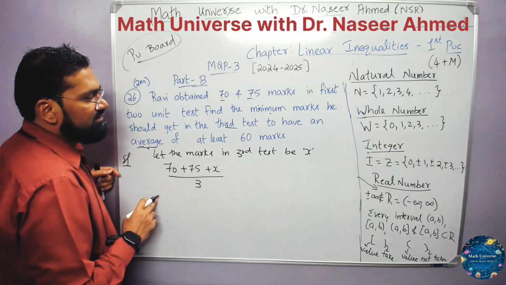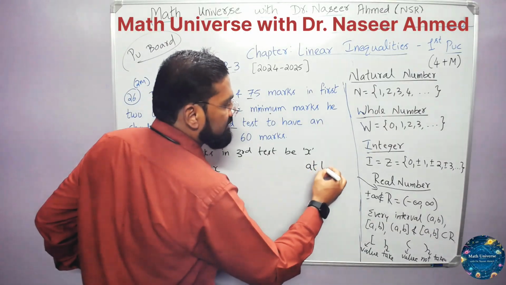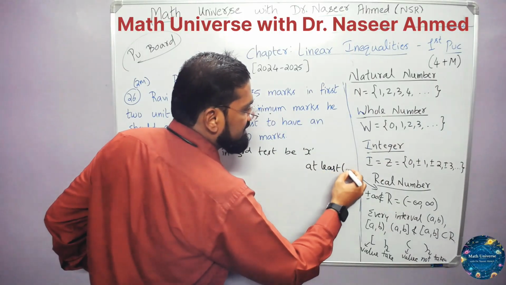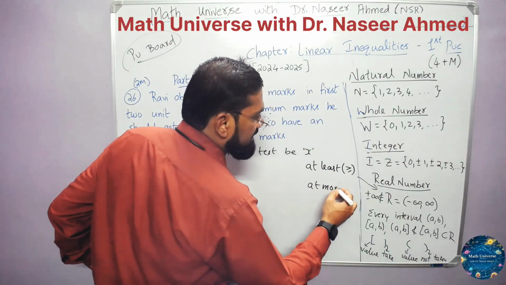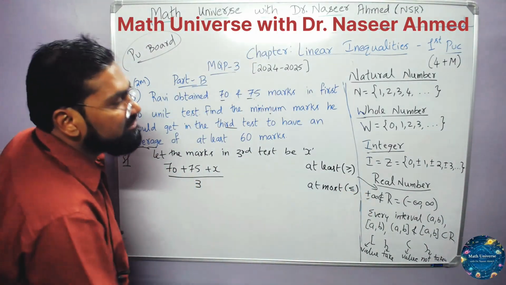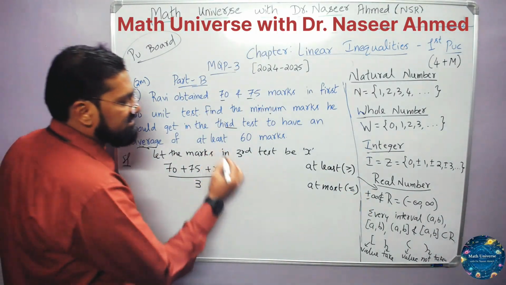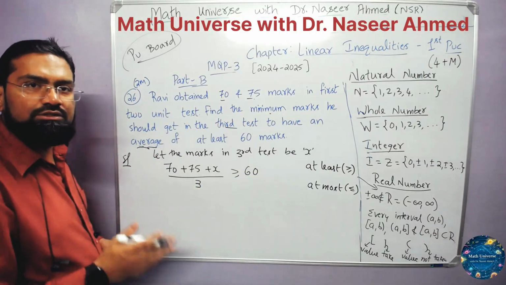Okay. At least, recall what's the meaning of the word at least in math language. It is greater than or equal to. What about at most? It is less than or equal to. Even in probability we have discussed this. So at least, greater than or equal to how much? 60. See, this problem is not something new.